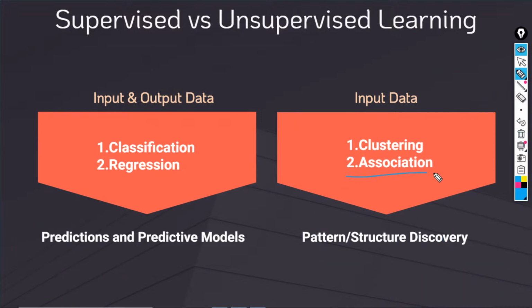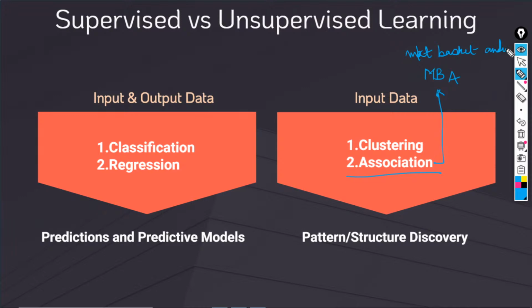Right, then in order, the next one we have is association. Now, what association are we talking about? When we talk about association, it means working on market basket analysis, that is MBA. Right? Now, what do we mean by market basket analysis?